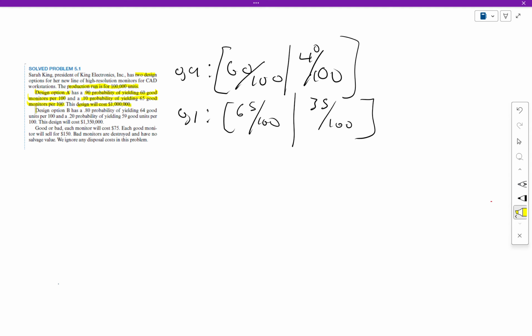Then design B has a probability of 0.8 that it will yield, meaning it will produce 64 good units, and a 0.20 probability that it will yield 59 units per 100.